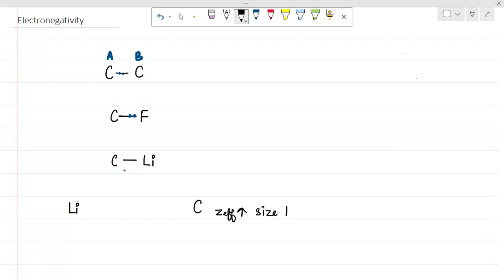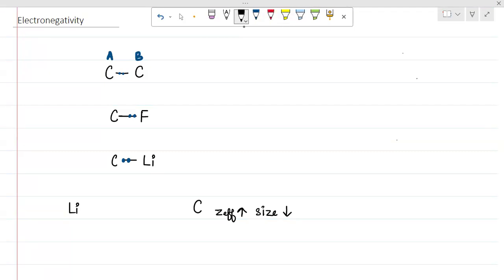The size decreases. So when the size decreases, the electrons present in the system will be closer to the nucleus. So compared to lithium, carbon has a higher tendency to pull the shared pair of electrons towards itself. All right.